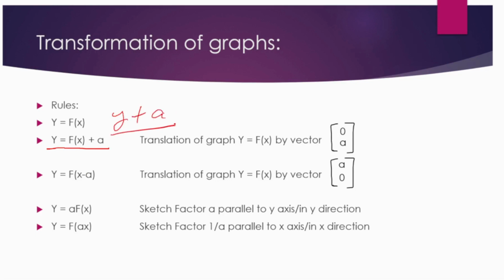So what this means is that the graph is going to move upwards as the a is positive. And these two things, basically we write x upwards and y downwards. These explain the translations of this. If it was negative, this would be minus a.